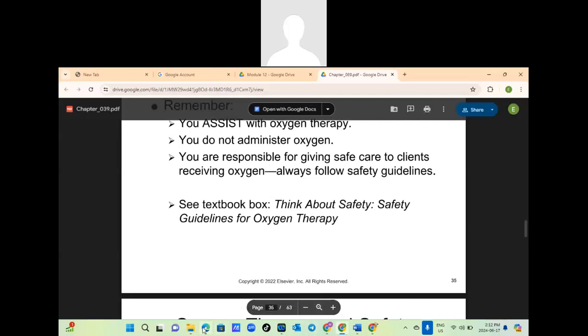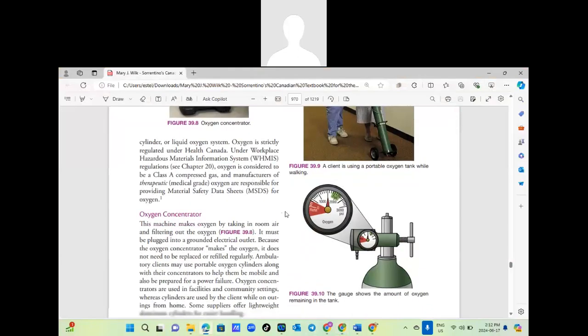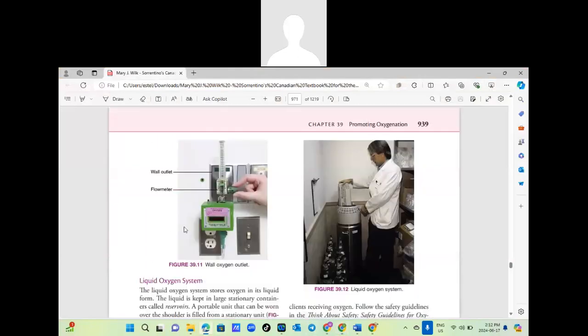All right, let me go over here. Let's go for the safety. So this is the wall outlet. So this is what we have. Have you seen the ball over here? This one, like black, actually black. So this is the flow meter. So we adjust this one. It goes one, two, three, four, until like 15.